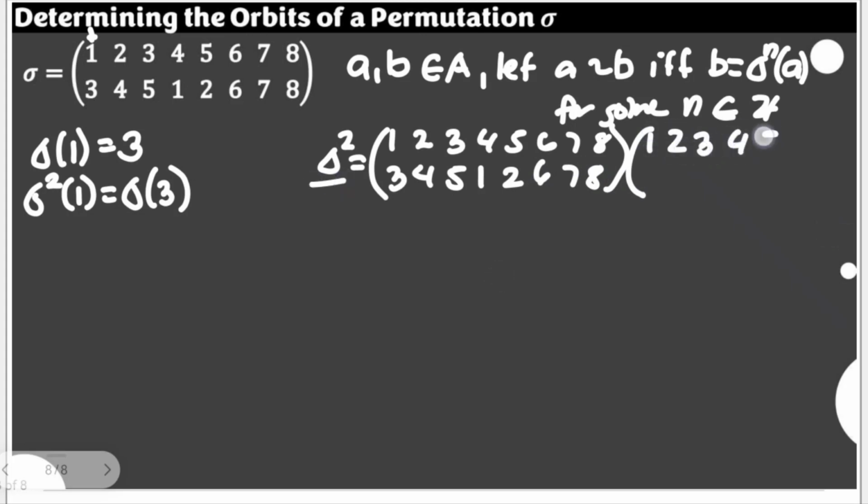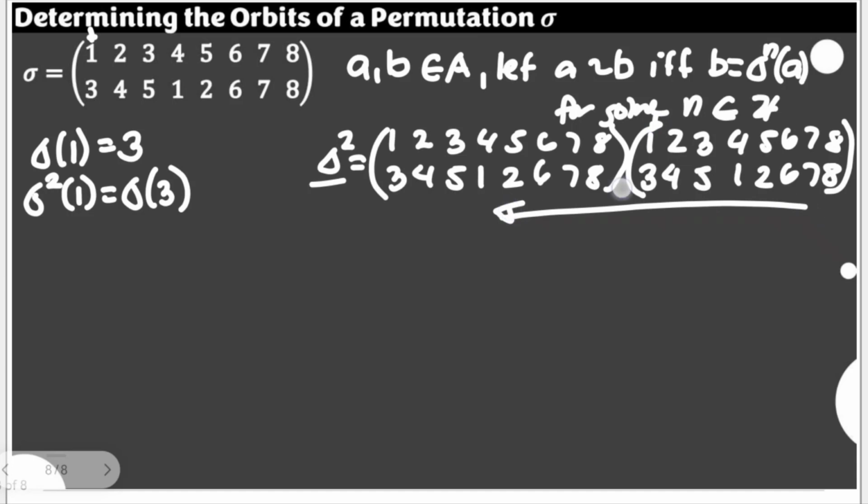If we have the mapping of 1 to 3, as you go here, because you're moving right to left, you'll now be starting with 3. Hence, the second mapping of 1 is just the same as the given.